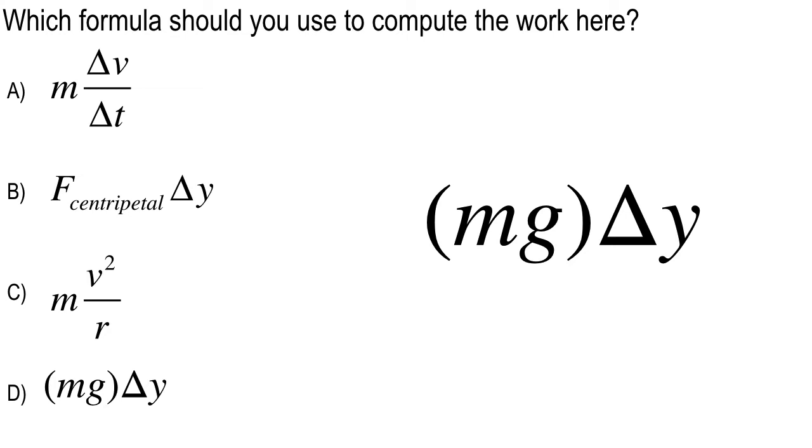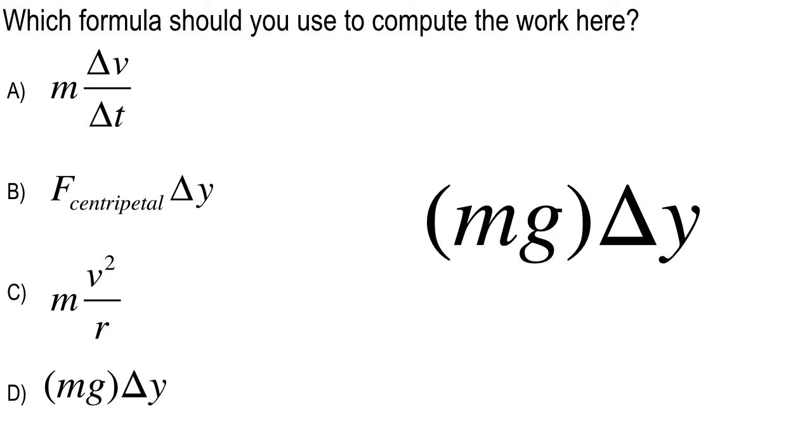You're dropping negative 18, so your delta y is negative 18 meters. So in this formula, you're multiplying negative times negative, and that means you've got a positive. That means the change in the kinetic energy from 0 at the top to some positive number down below is positive. It's speeding up.